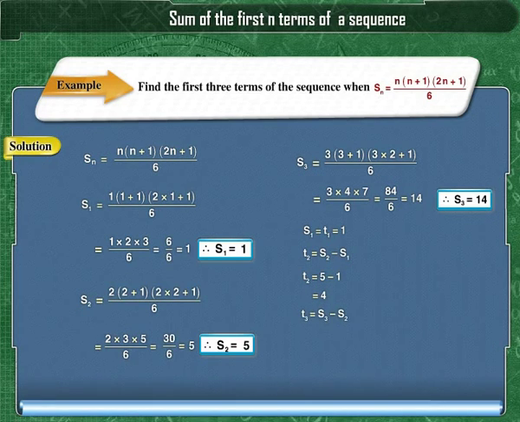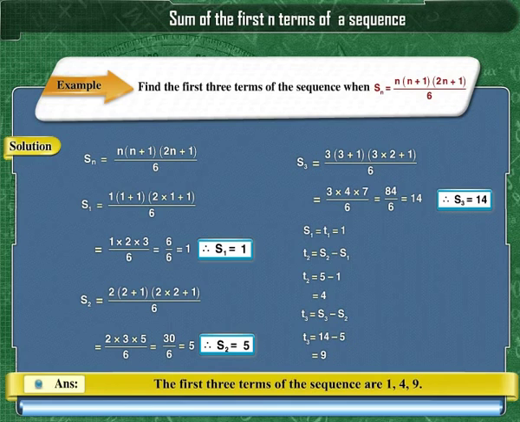T3 is S3 minus S2. Substituting the values of S2 and S3, we get T3 is 14 minus 5, which is 9. Therefore, the first 3 terms of the sequence are 1, 4 and 9.